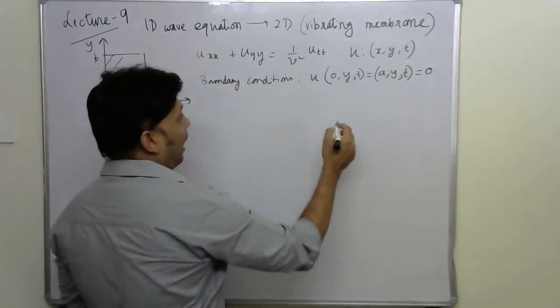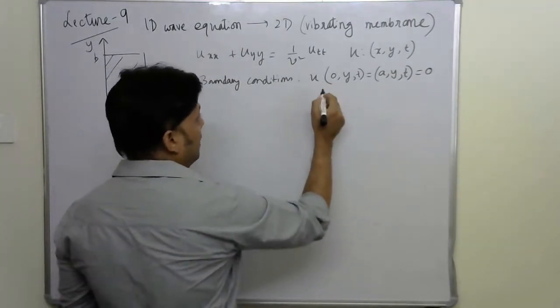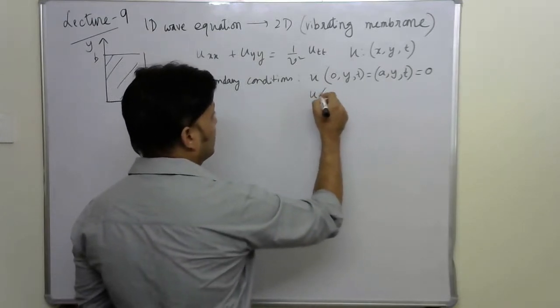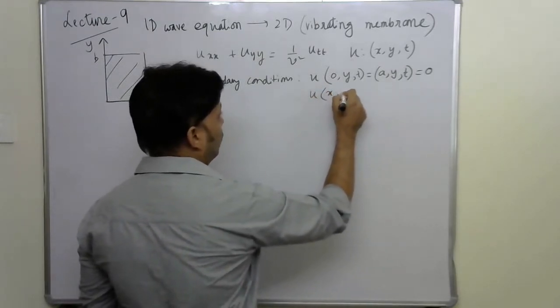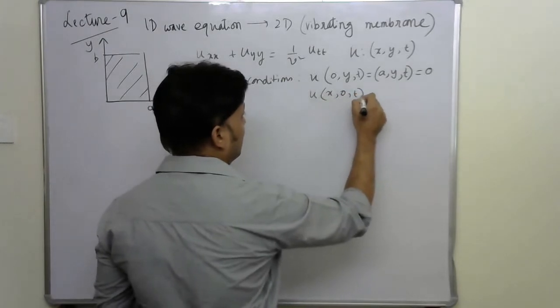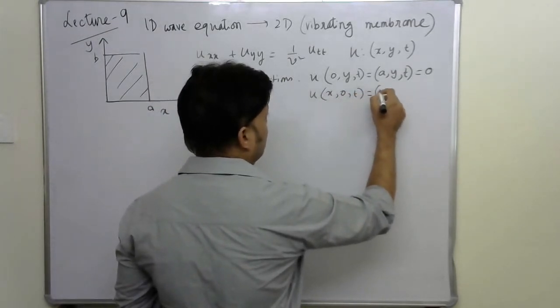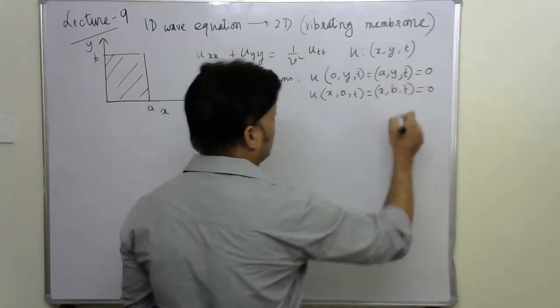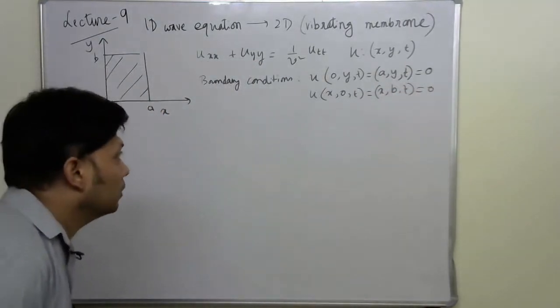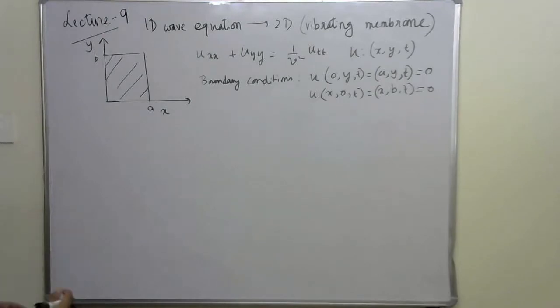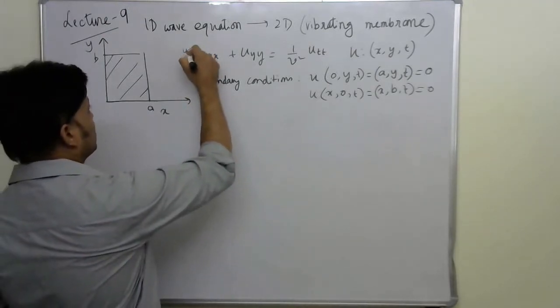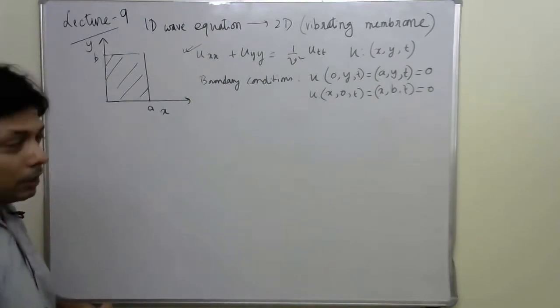The same goes for the other direction: for any value of x and t, if it fulfills this condition, again it becomes 0. So now we are going to solve this partial differential equation.